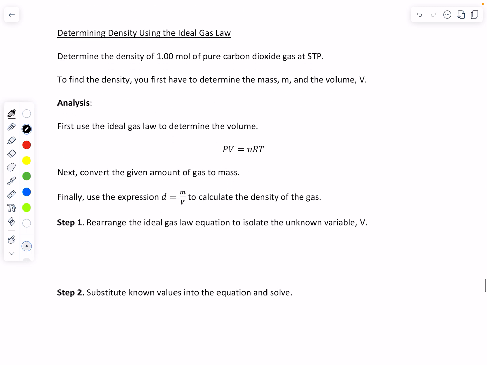Let's determine the density using the ideal gas law. Determine the density of 1 mole of pure carbon dioxide at STP. To find the density, you first have to determine the mass and the volume, because density is equal to mass divided by volume. First, use the ideal gas law to determine the volume.